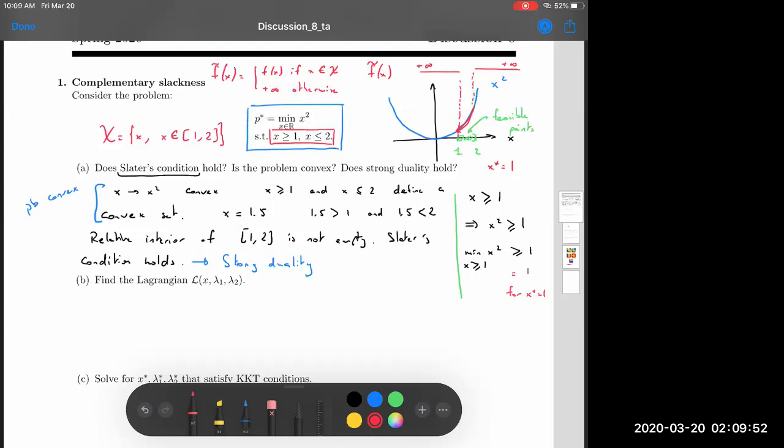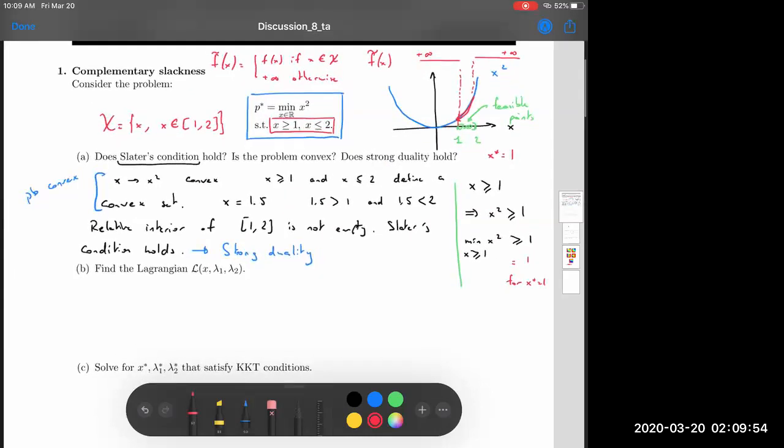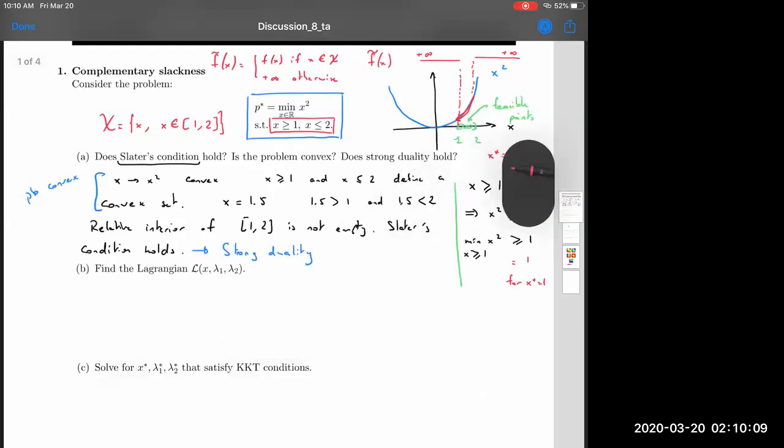And you might remember that you can also express this function, f tilde, as the maximum over lambda 1, lambda 2 greater than 0 of the Lagrangian.